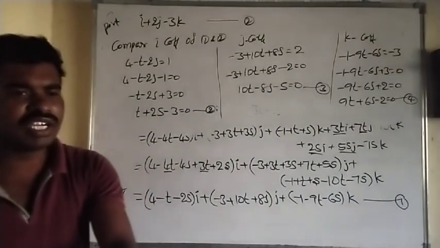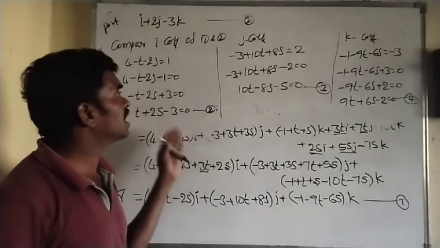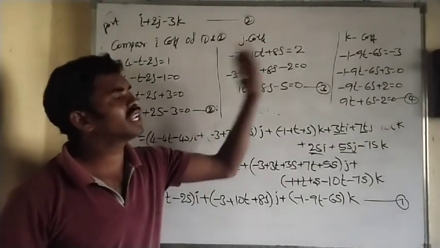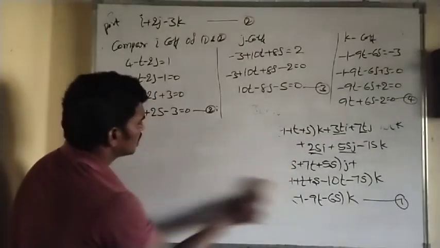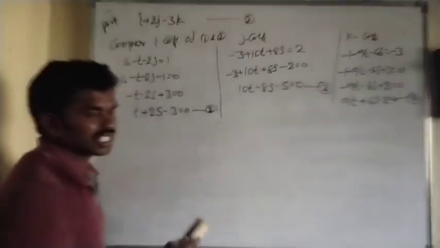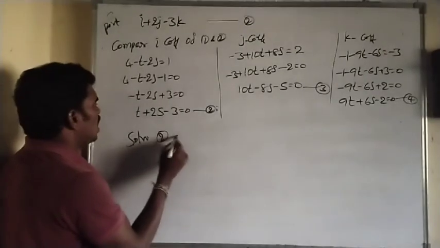So we got 3 equations. We have to solve any 2 equations to get the s and t values, then substitute in another equation. If it satisfies, then we can say the point lies on equation 1. So I am going to solve 2 and 3.